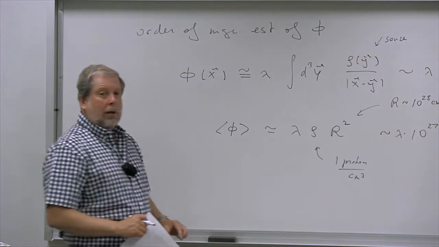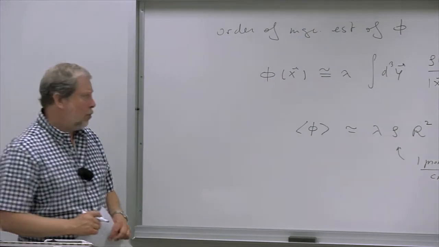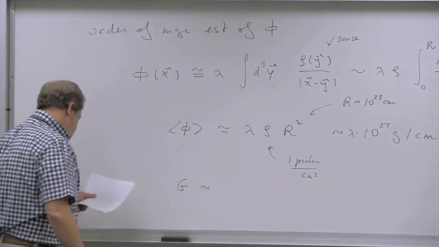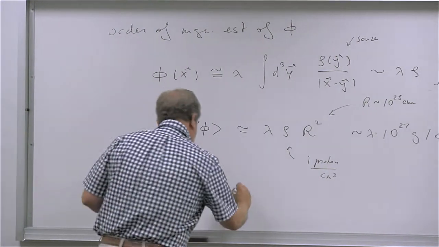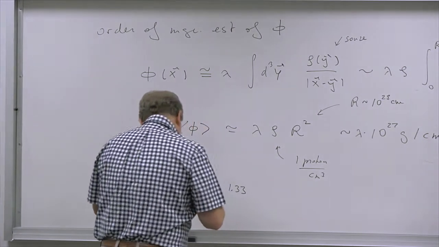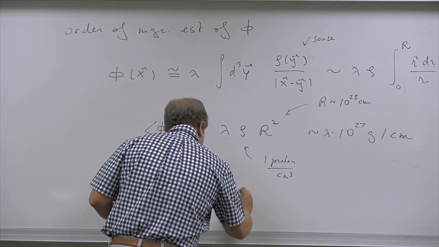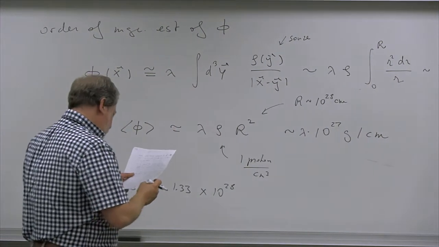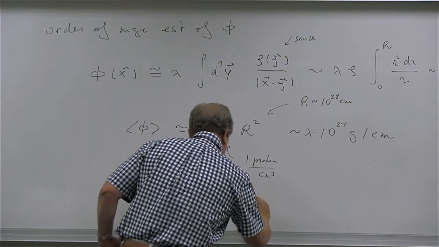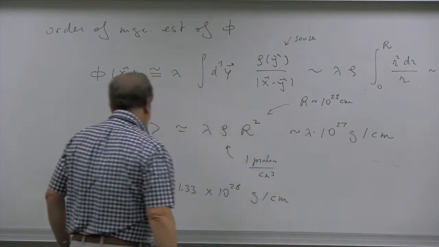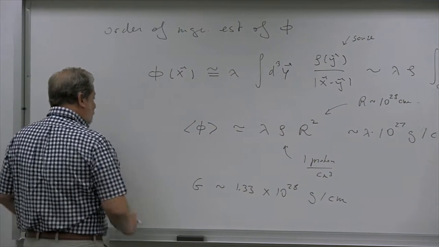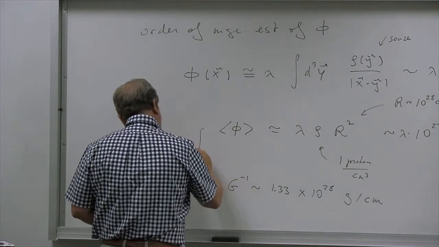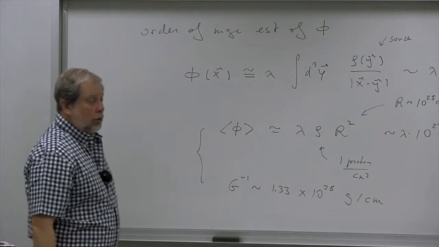Okay? So what Brans-Dicke and Sharma and Jordan noticed is that this is the same order of magnitude as G, because G is also 1.33 times 10 to the 28 grams per centimeter. And it is in fact G to the minus 1.